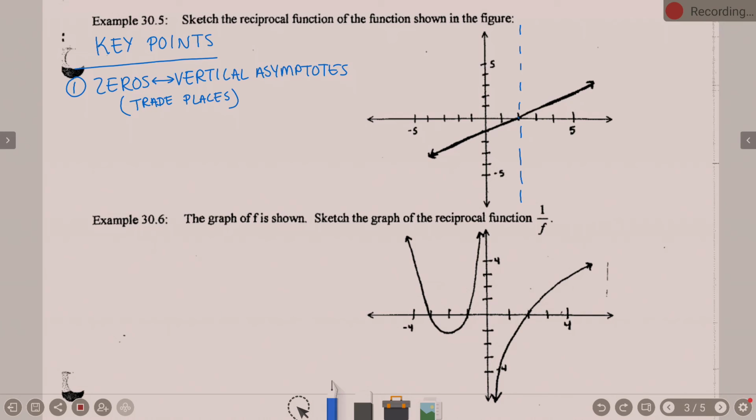Okay, key point number 2. Points where y equals 1 or negative 1 stay.